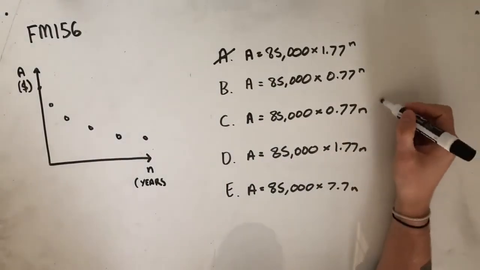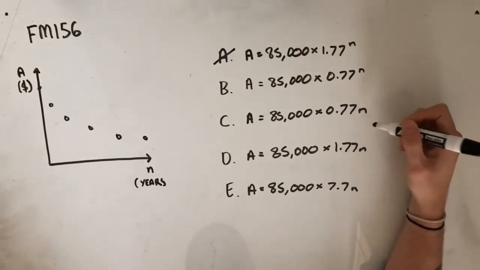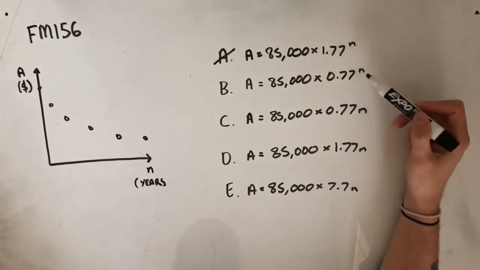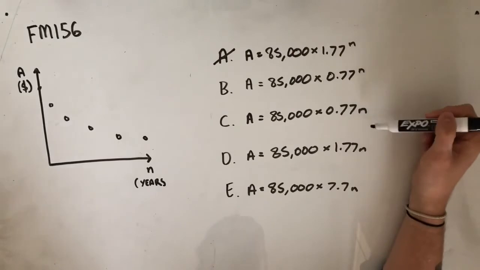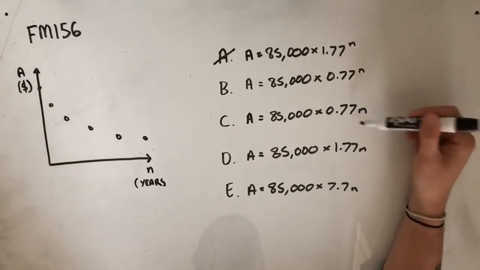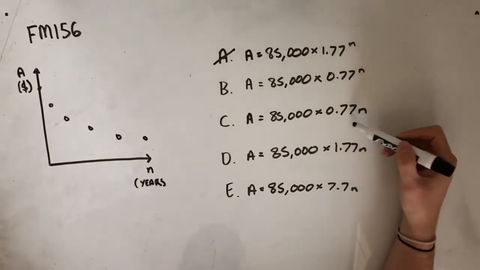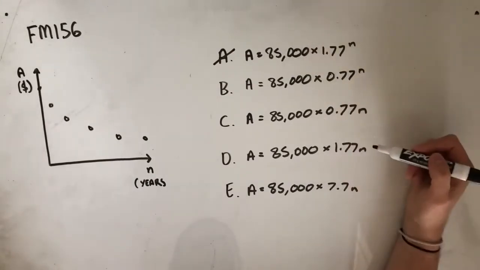Option C is a bit of a tricky one because it looks very similar to option B except for one key difference, and that is that in option B we've got 0.77 to the power of n, and in option C we've got 0.77 times n, or multiplied by n. What's going to happen as we increase the value of n is this value of 0.77 will change. So when n is 0, we'll have 85,000.